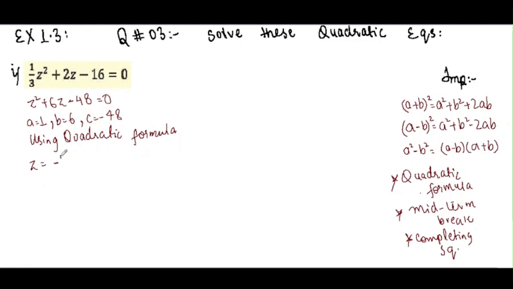So z equals minus b plus minus square root of b square minus 4ac whole divided by 2a. Now we put in the values of a, b and c.